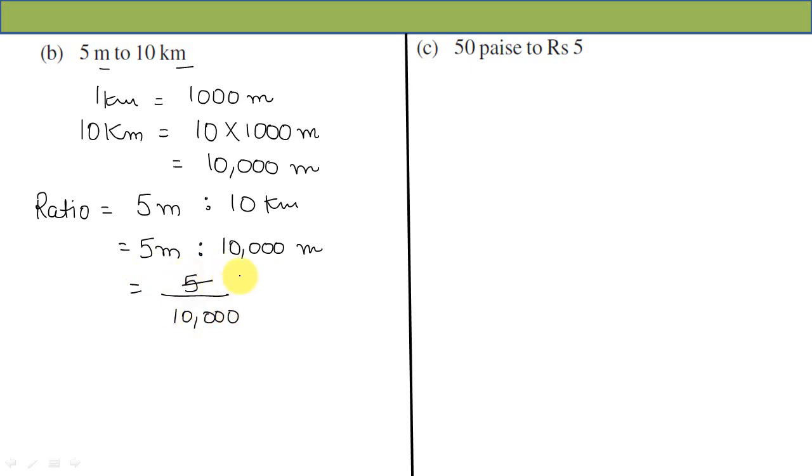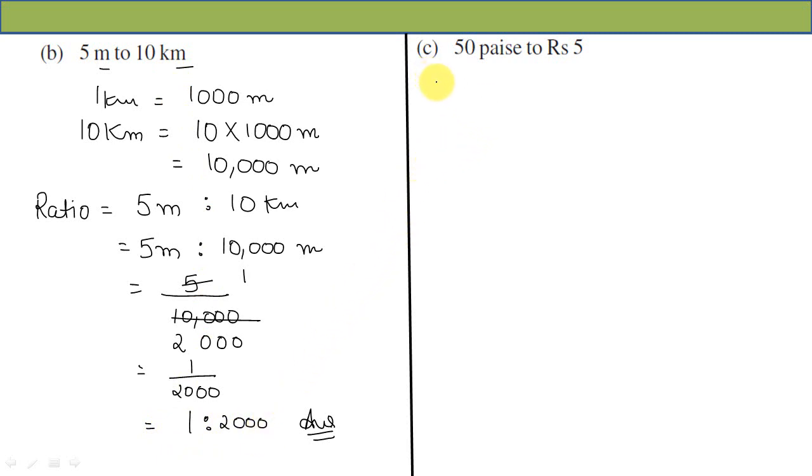Now 5 ones are 5, 5 twos are 10, 0, 0, 0. So it will be 1 upon 2000. This can be further written as 1 ratio 2000. That means the ratio of 5 meter to 10 kilometer is 1 ratio 2000.